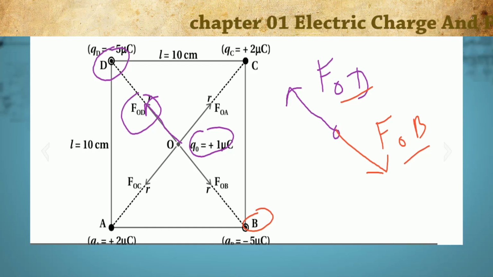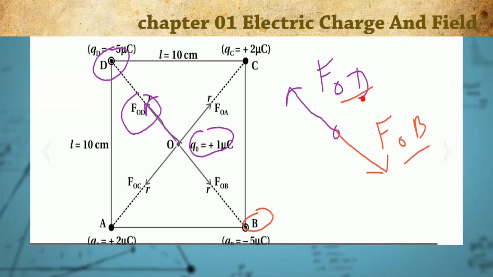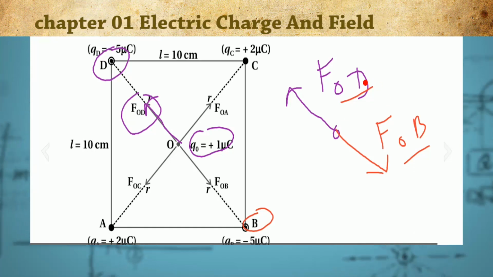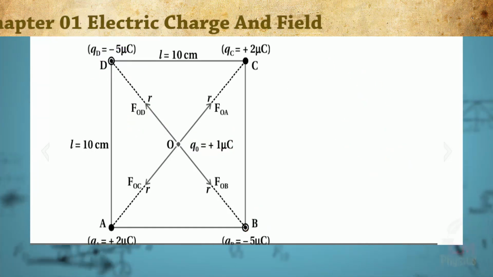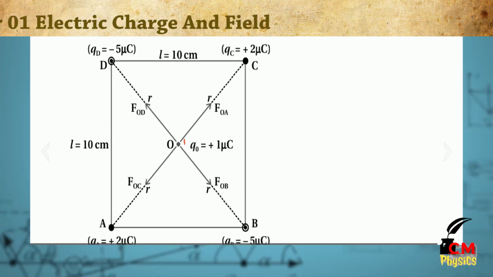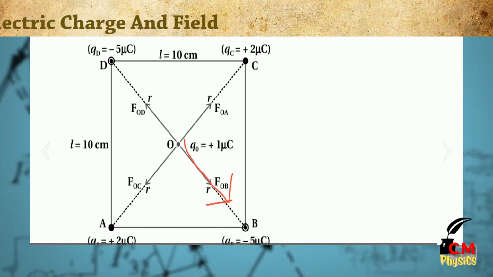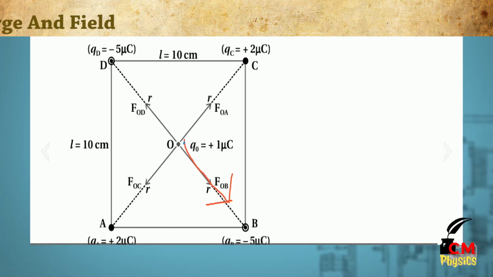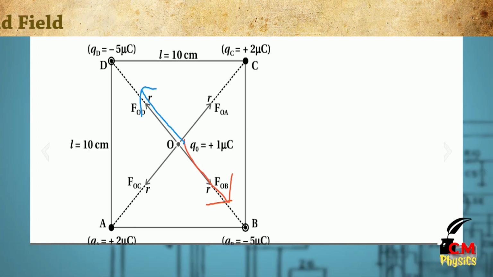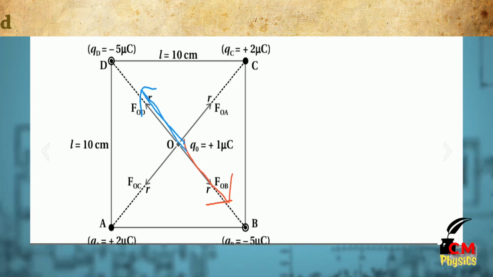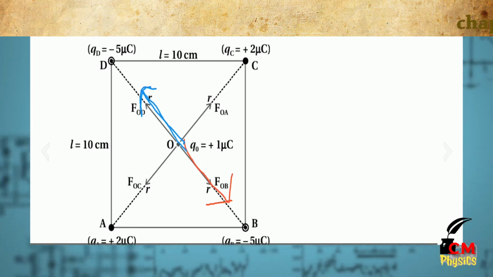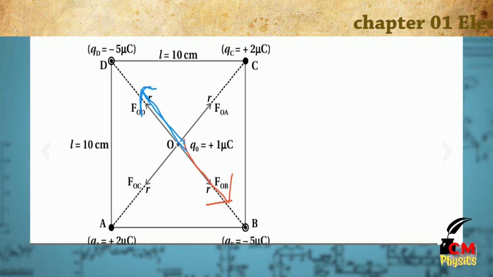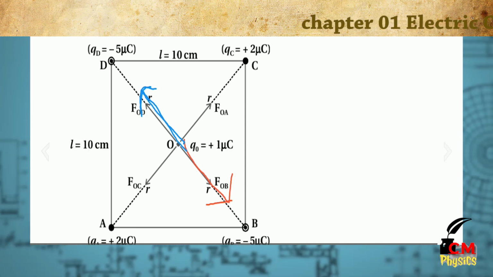Therefore, the values of both forces F of OD and F of OB are equal in magnitude but opposite in direction. OB works vertically downward and OD works vertically upward, with the same magnitude. Therefore, they neutralize each other.